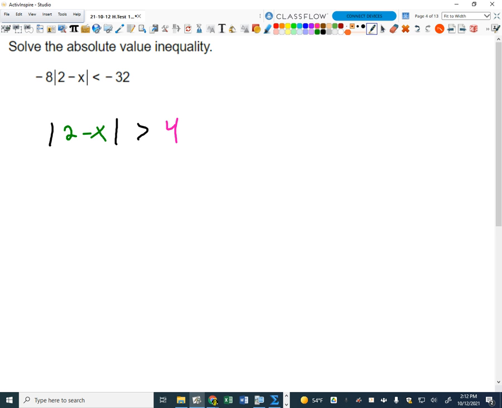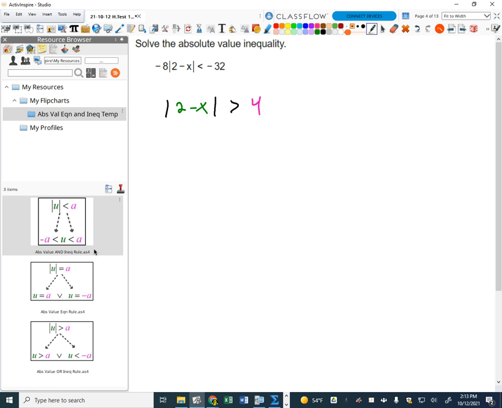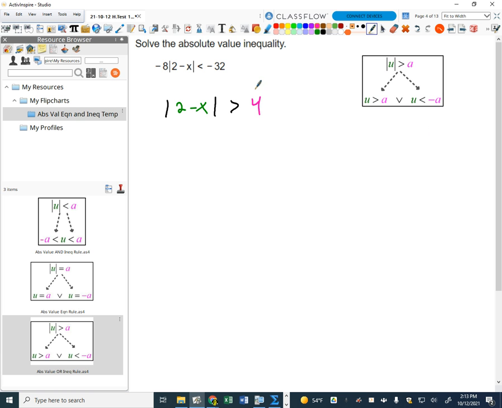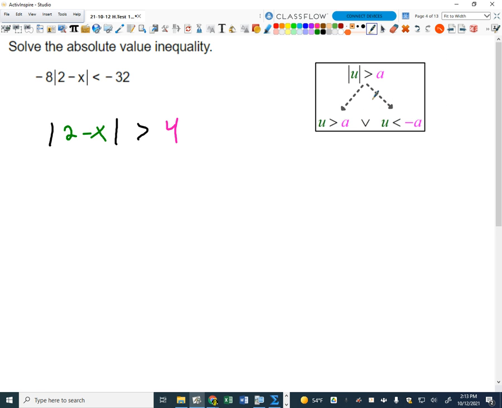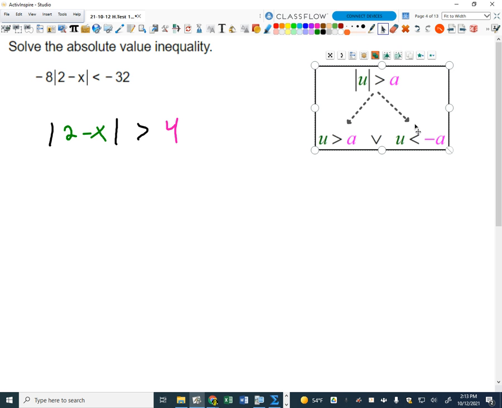If my isolated absolute value is greater than a number, is it an and or an or? That's an or. Yep. Okay, so let me grab that pattern. All right, so there's my pattern.